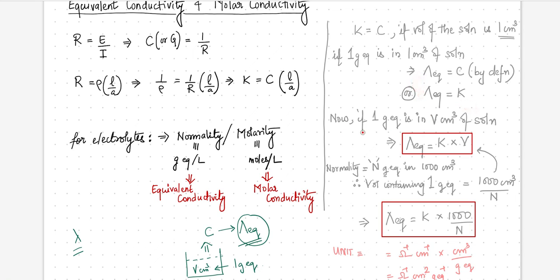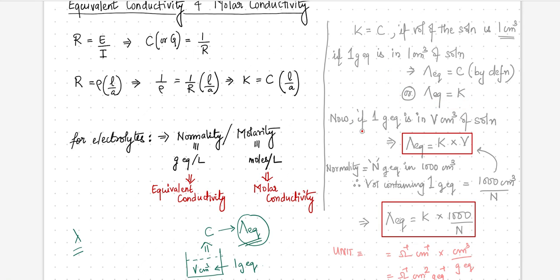This is an important thing we got, because by definition we tried to relate lambda EQ to conductance, and here by argument we found that lambda EQ is equal to specific conductivity.